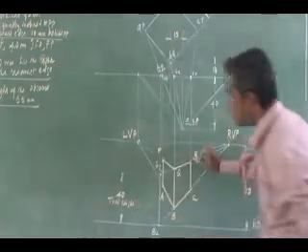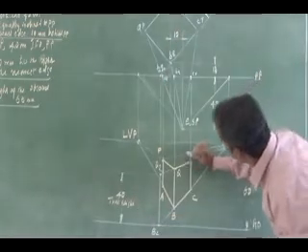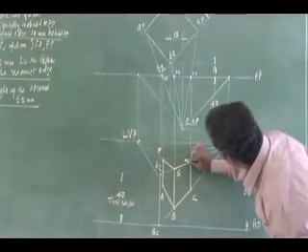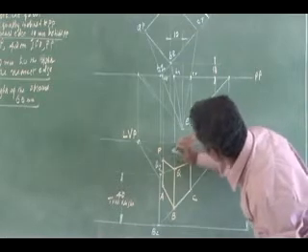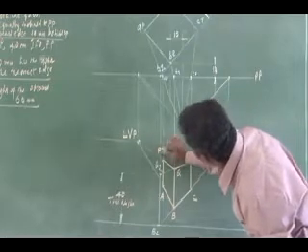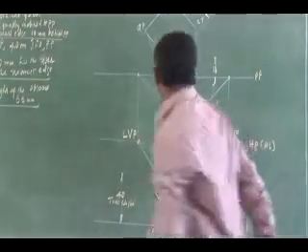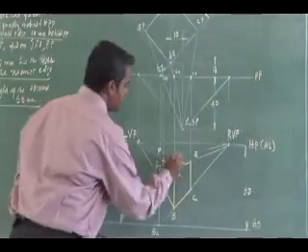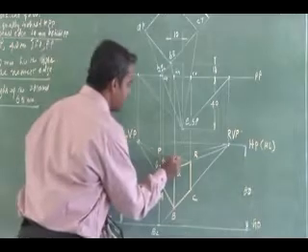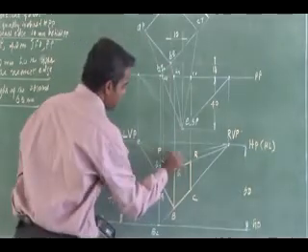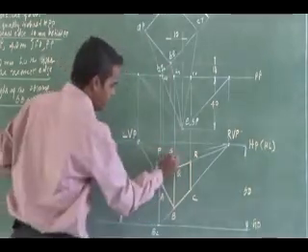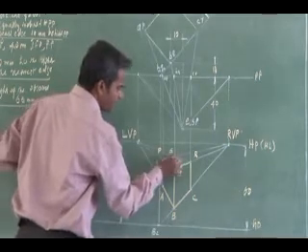So this is R, I can join it to the left vanishing point. Right. So the intersection location is going to be my S. So I can get the top face.